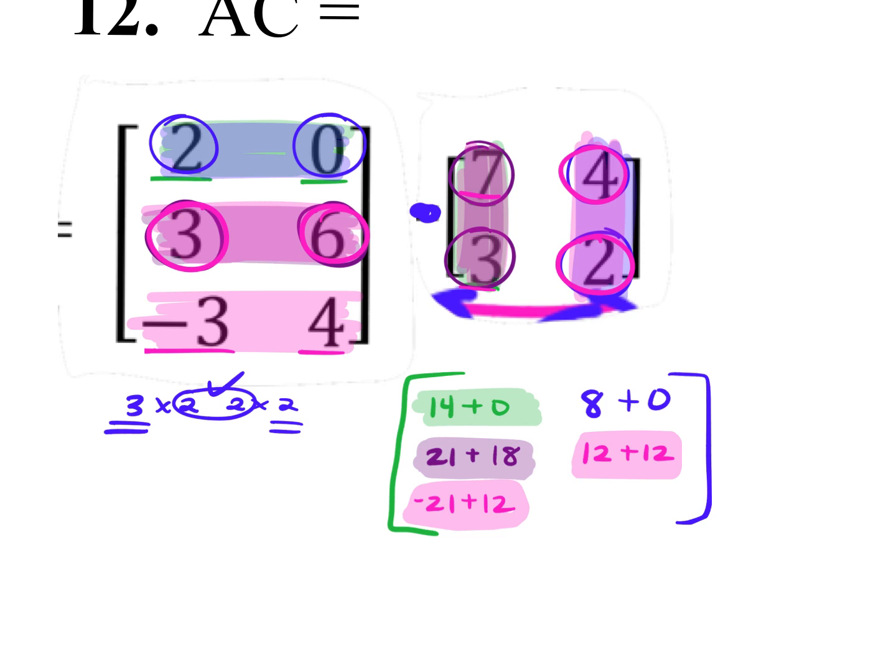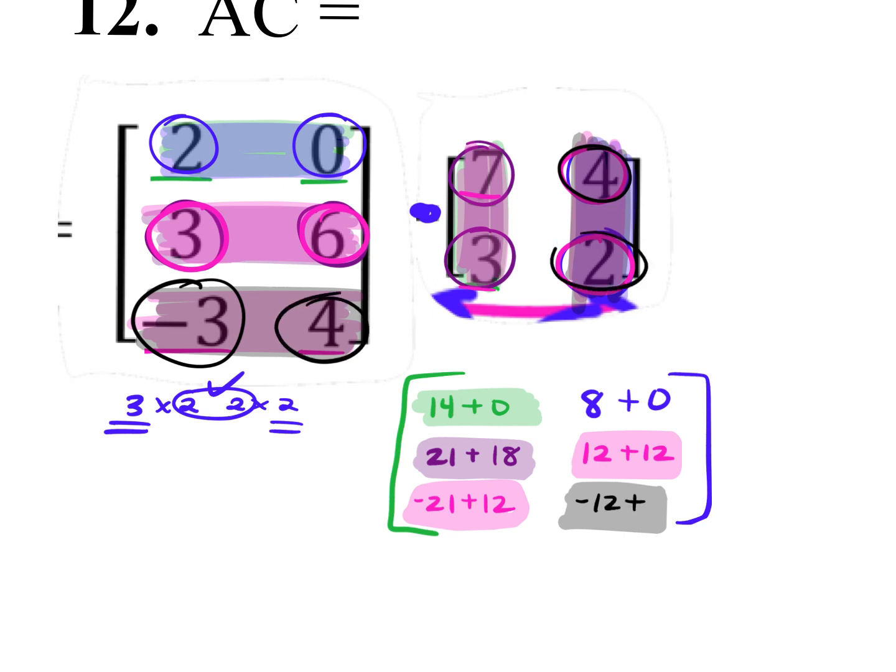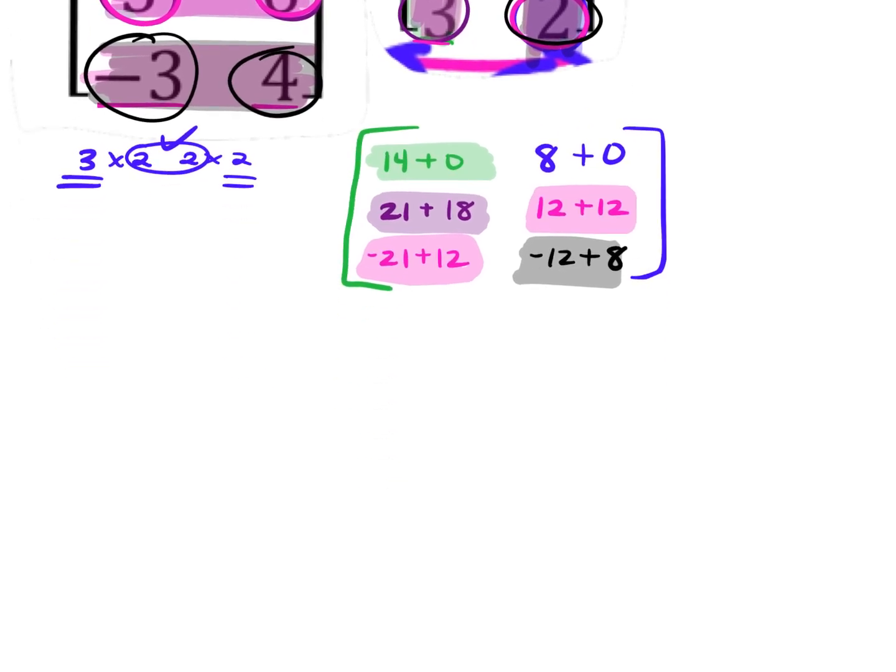And then last one is your third row, second column. Third row, second column goes right here. And that is going to be -3 times 4, so -12. And 4 times 2 is 8. So this is your setup. You just need to simplify it a bit.